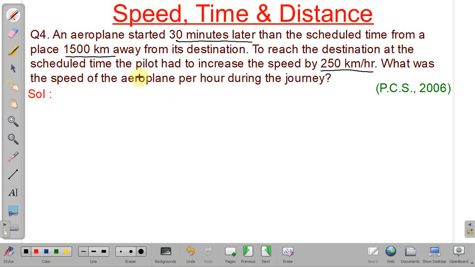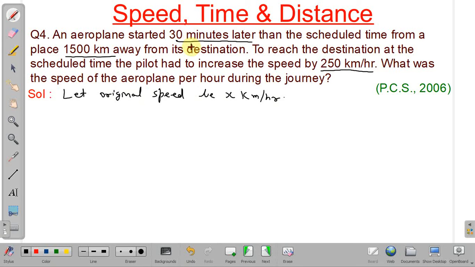Okay, so we will assume the original speed. Let the original speed be x kilometers per hour. Now see, after increasing the speed by 250 kilometers per hour, it is maintaining a 30-minute delay.